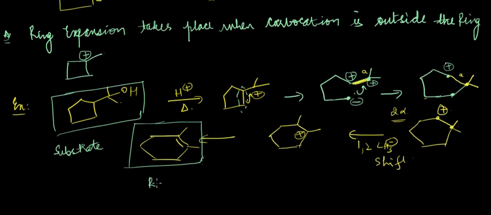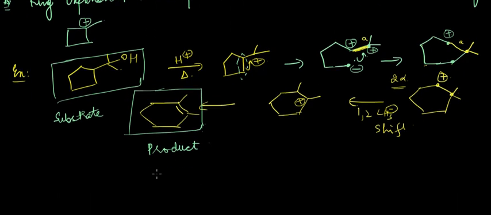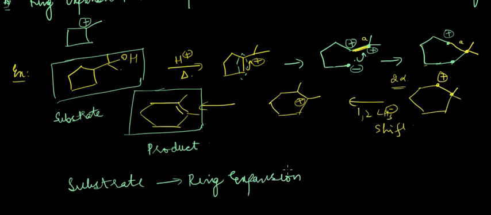Okay, so we saw the substrate undergoing ring expansion, and then it goes through CH3 minus shift. Okay, and then we get the product.